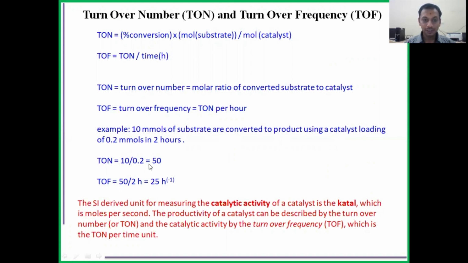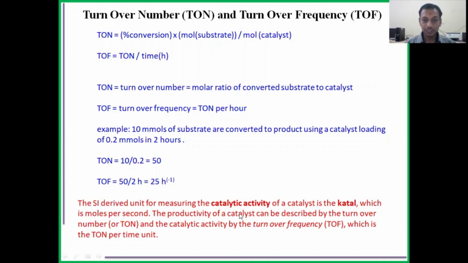Turnover frequency is 50 divided by the reaction time of 2 hours, so you get a turnover frequency of 25 per hour. We have to remember the SI unit for measuring the catalytic activity of a catalyst is the katal, which is moles per second.